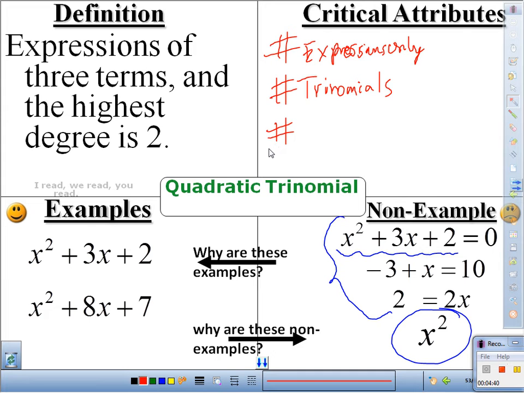Hashtag... we got expressions, we got trinomials. Go ahead.